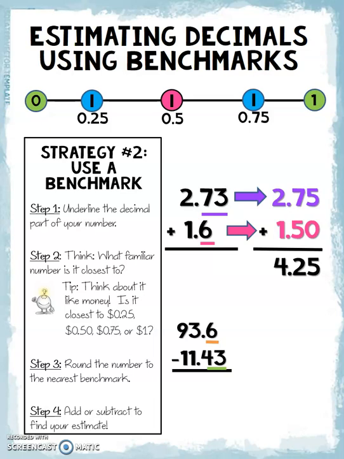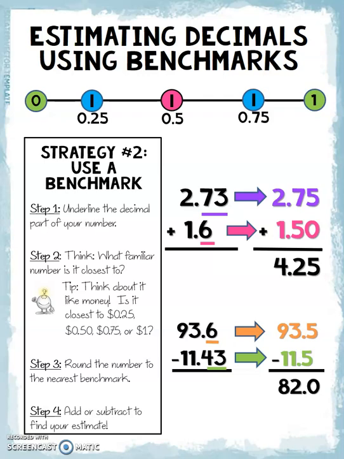In 93 and 6/10, I come really close to 93 and 5/10. I'm only 1/10 away. And in 11 and 43 hundredths, if I'm thinking about that like $11.43, that's really close to $11.50, or 11 and 5/10. I can subtract those two numbers to give me an estimate of 82.